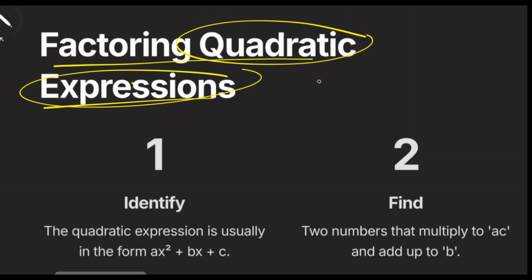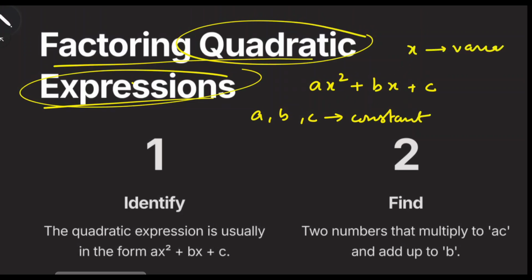Quadratic expressions are algebraic expressions in the form of ax square plus bx plus c, where a, b, c are constants and x is the variable.